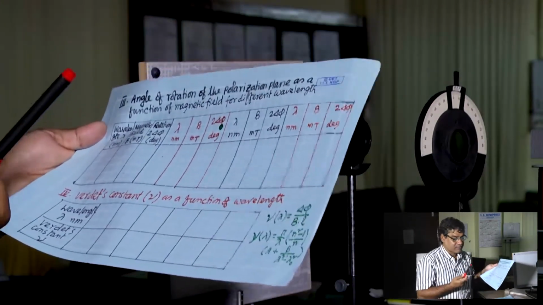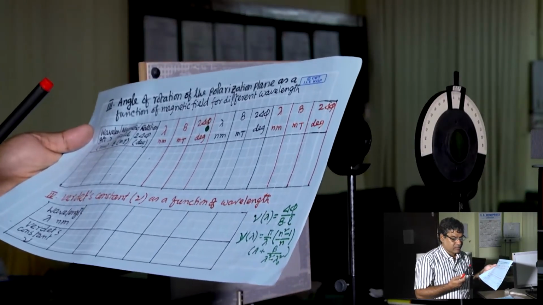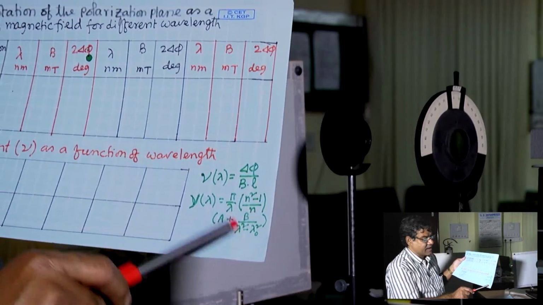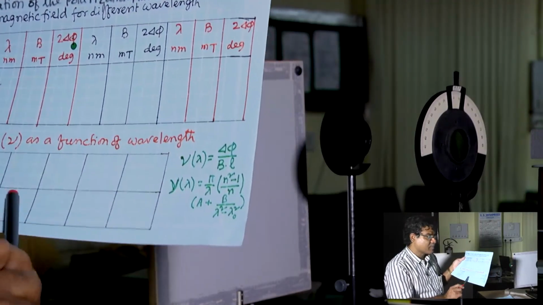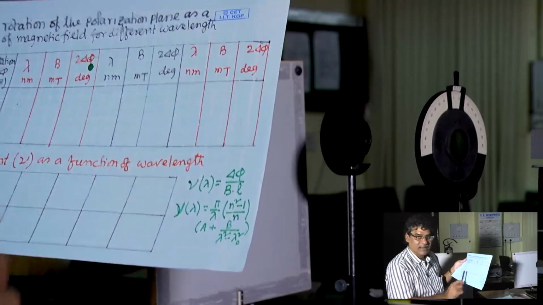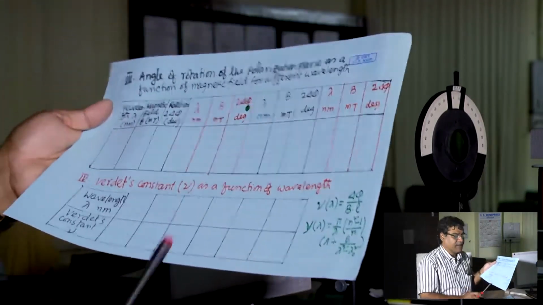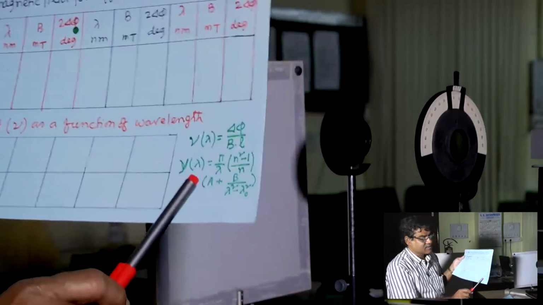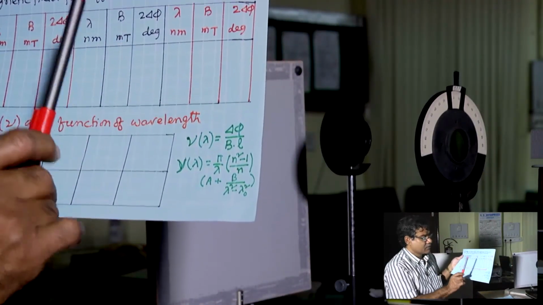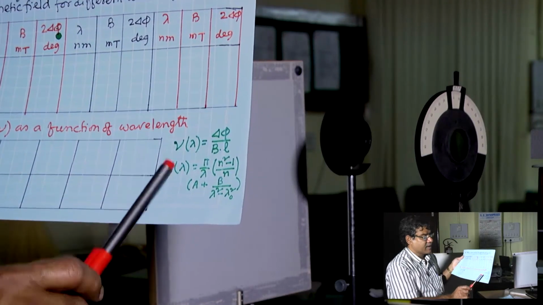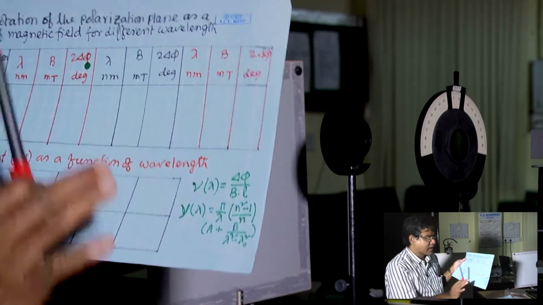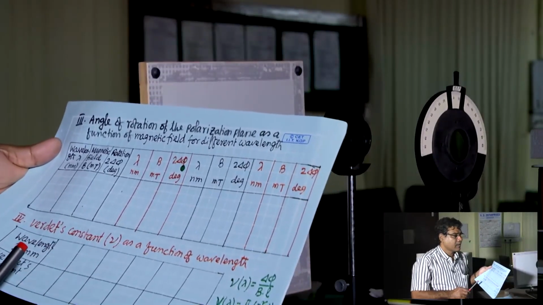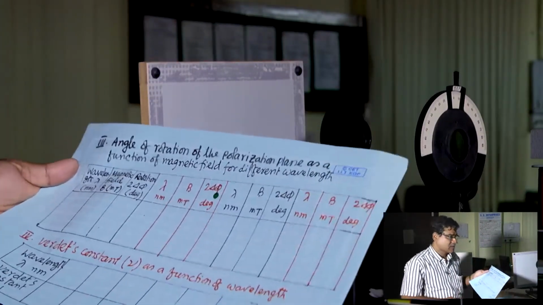If it depends in some other form like A plus B by lambda square, it will not be a straight line; there should be some curve, and that curve can be fitted with some expression, and that expression generally comes like this. So nu depends on lambda following this form, and one can find that out from this experiment.